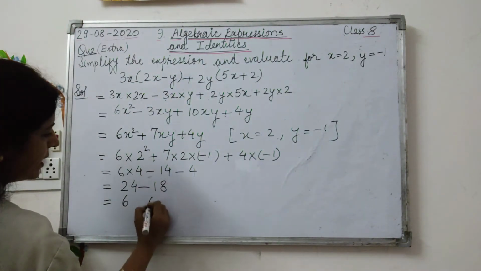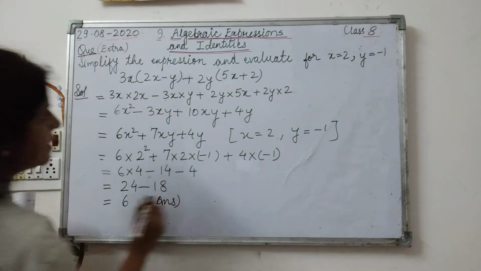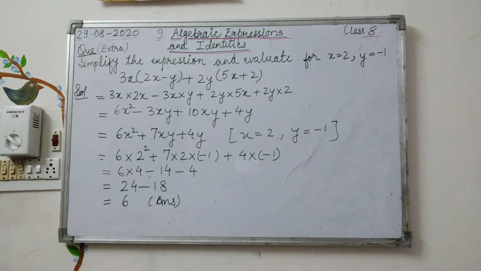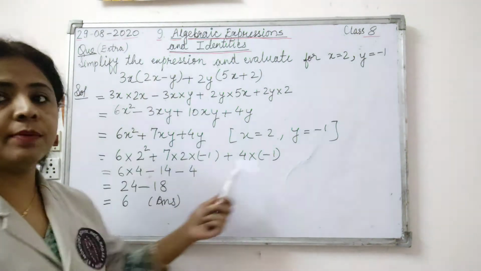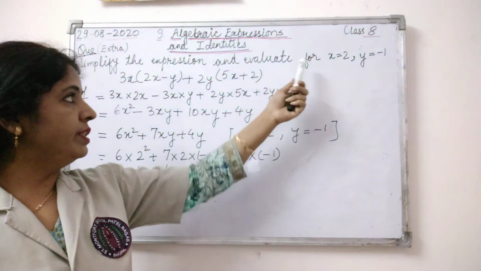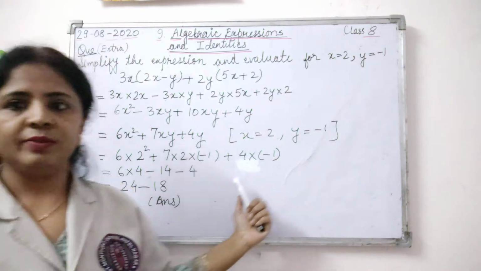So our answer is 6. This is how we have to simplify by doing multiplication and then substituting the value which is asked to substitute.